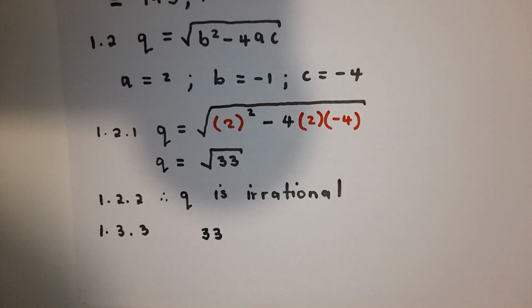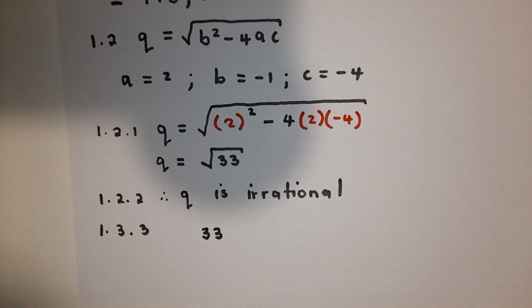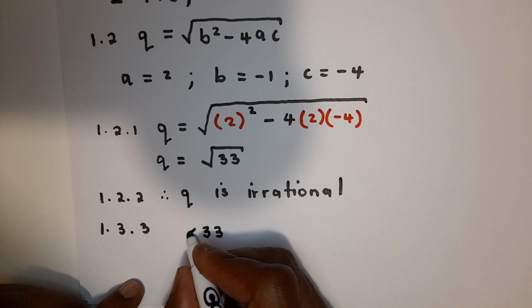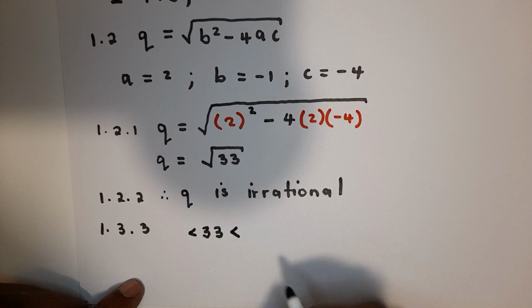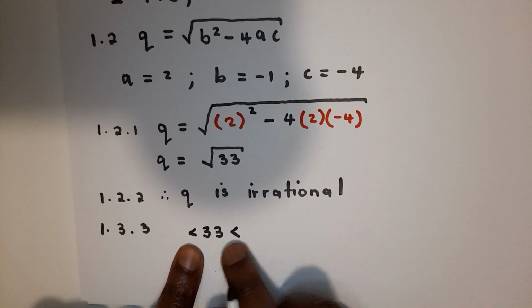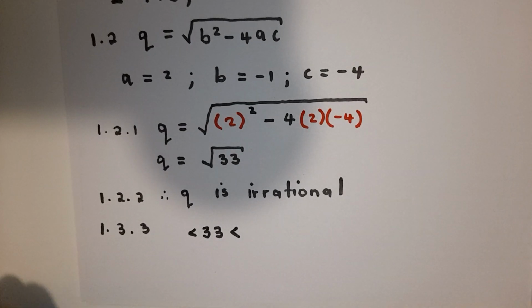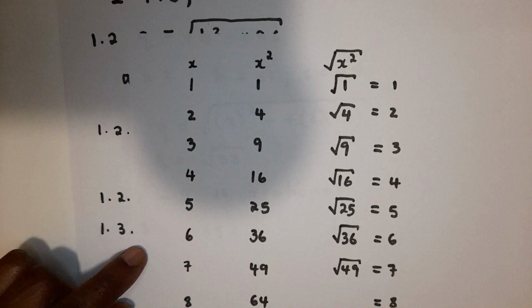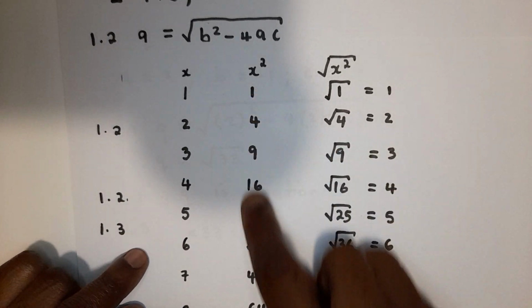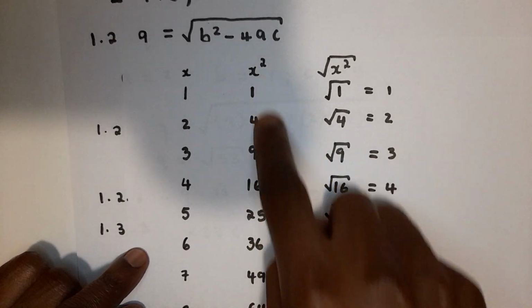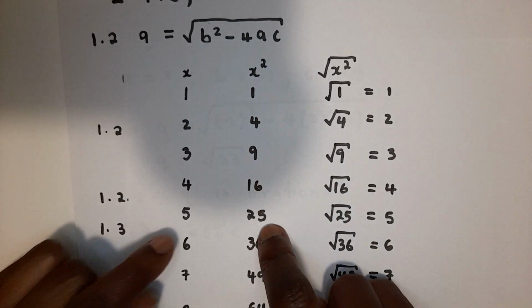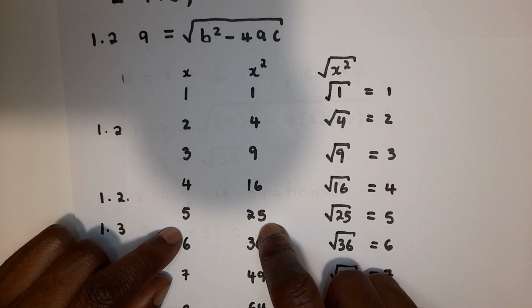What one needs to do now, the notation is such that the first integer must be less than this, but the second one must be greater than this 33. Then I have to go to my perfect squares. These are my perfect squares. Then I'm going to look for the two perfect squares between which the 33 lies.